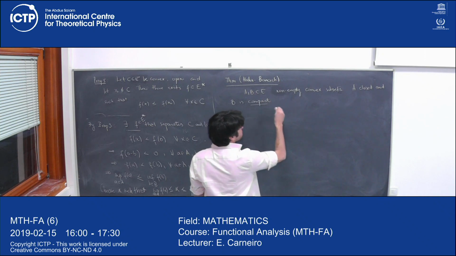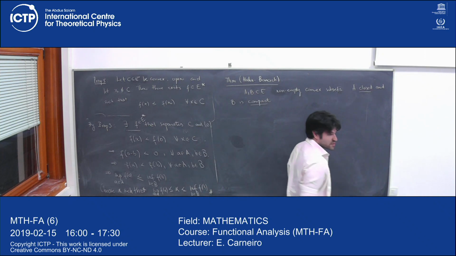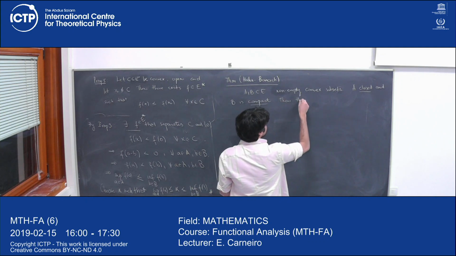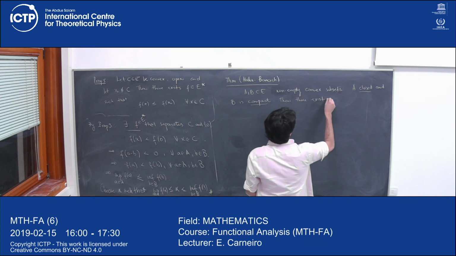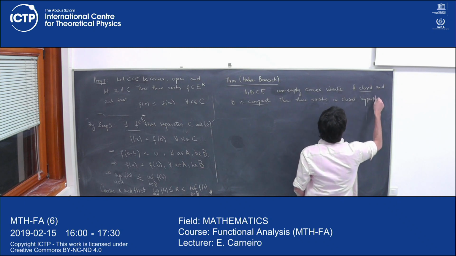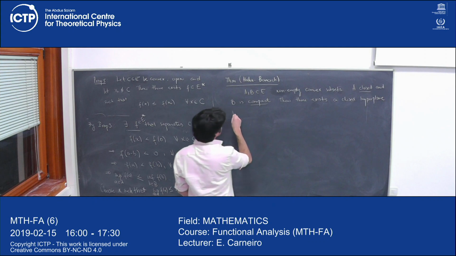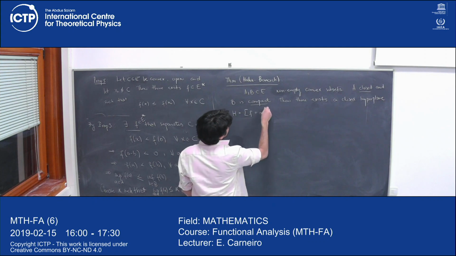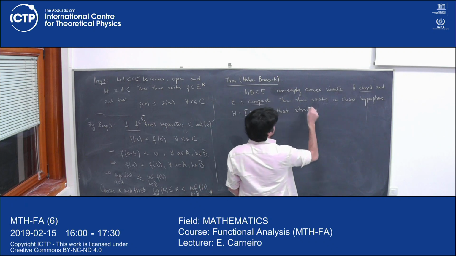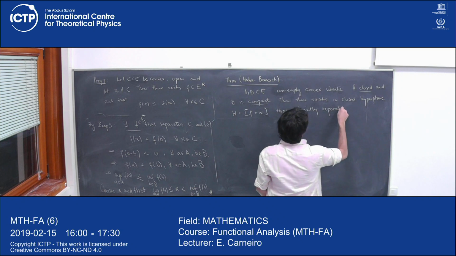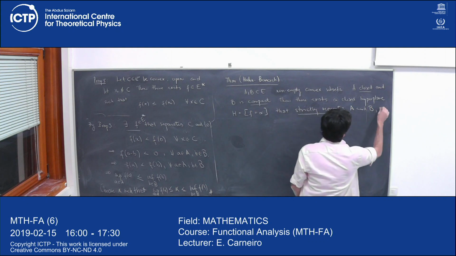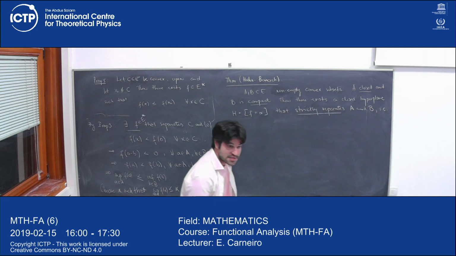A is closed and B is compact. Okay. Then there exists a closed hyperplane H, f equals alpha, that strictly separates A and B. That is what strictly separates.